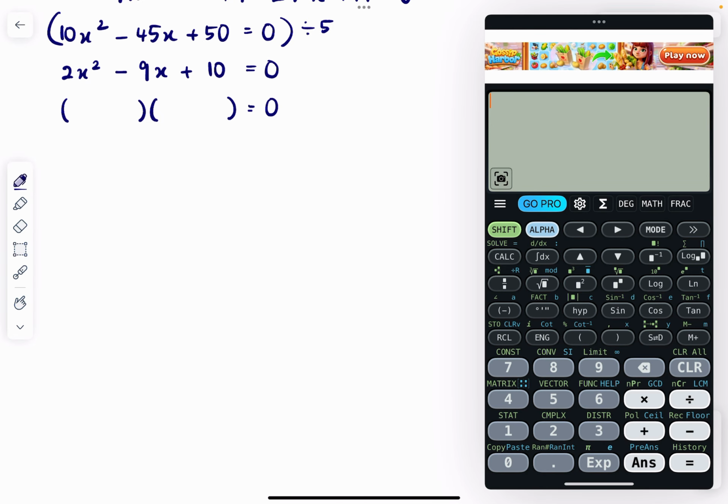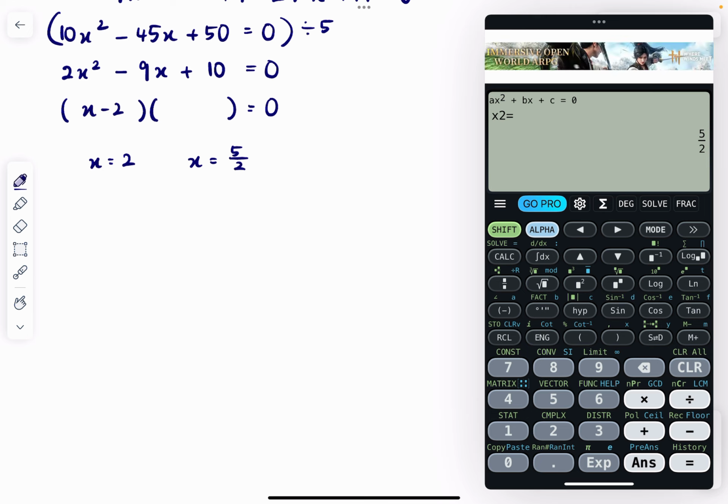So you go to polynomial, a is 2, b is -9, c is 10. So x is 2 and the other x is 5/2. (x - 2), this side will be (2x - 5).